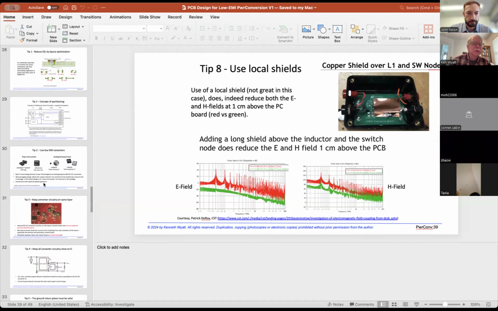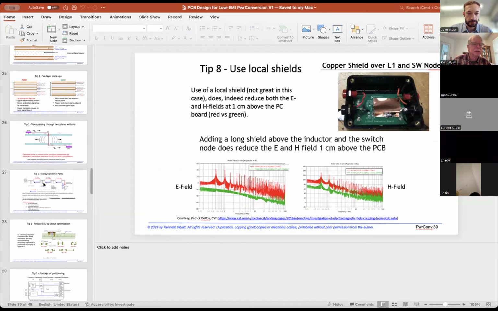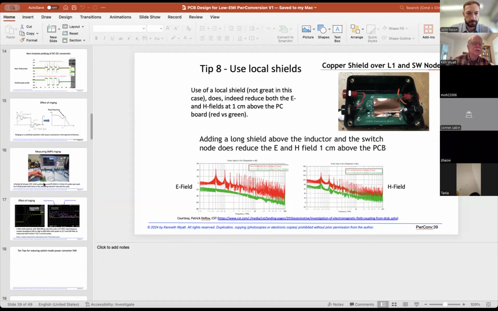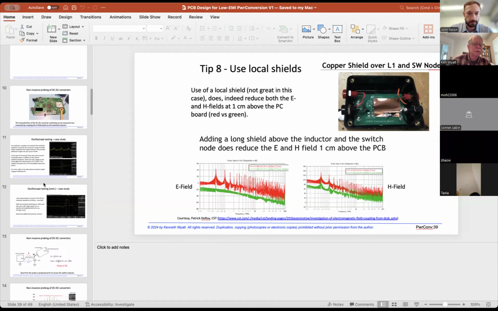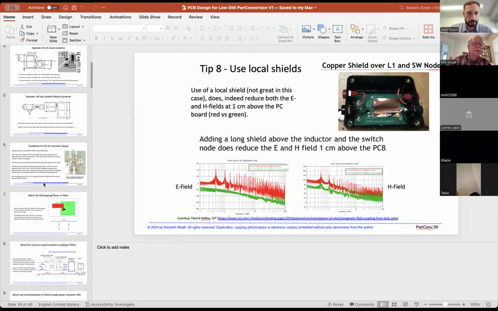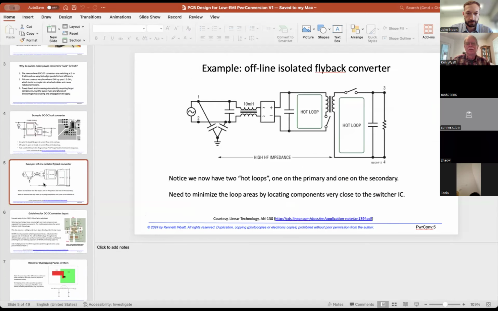If you are using the flyback or isolated flyback, then I would say the left side would be power return.